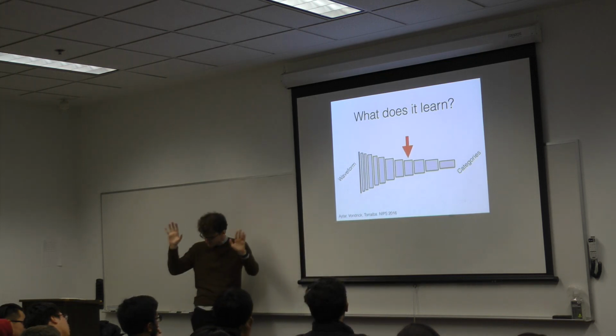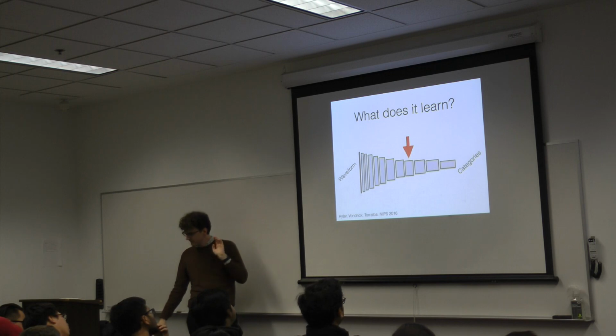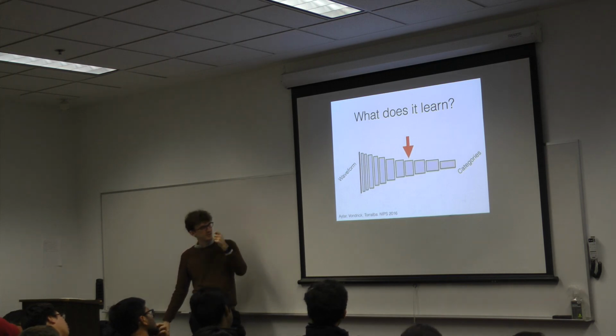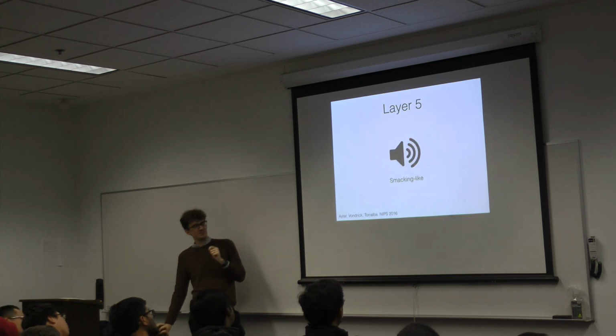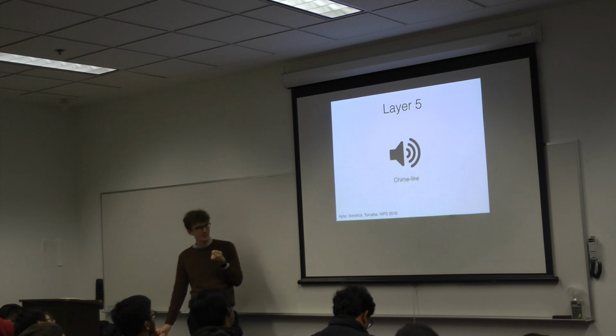It's not a perfect visualization, but perhaps it can give us some intuition. What's interesting is that the model automatically learns some units for different atomic sounds. There's one unit that responds to smacking sounds. Sounds like this. Smacks. There's another unit that responds to chimes.